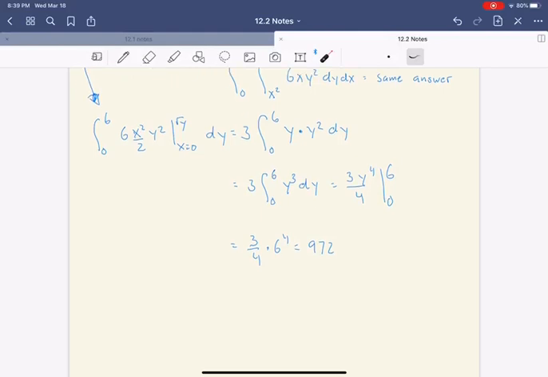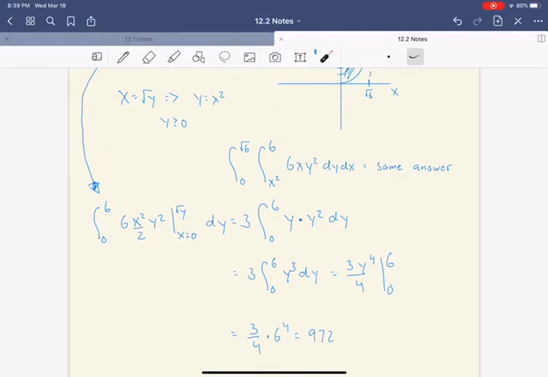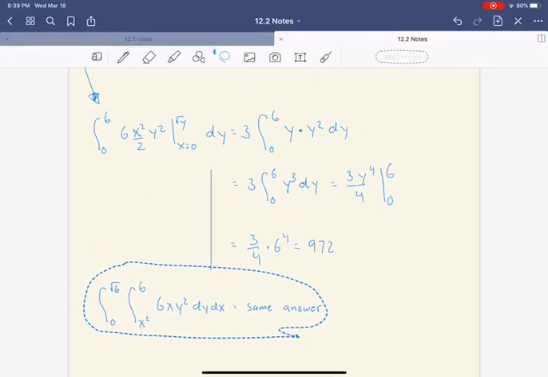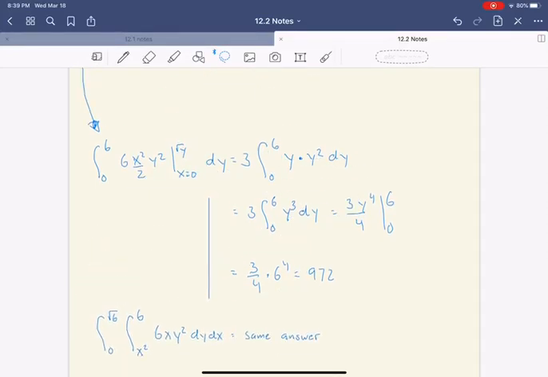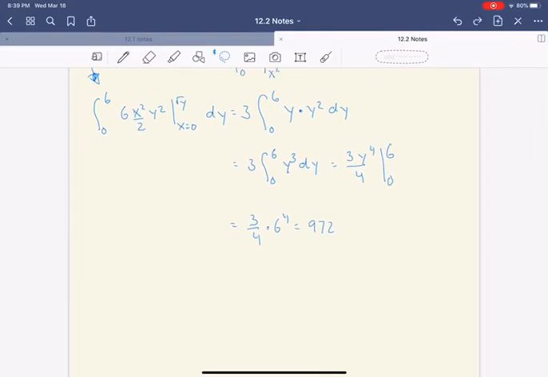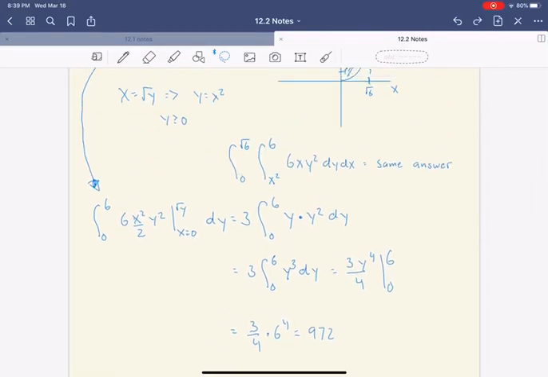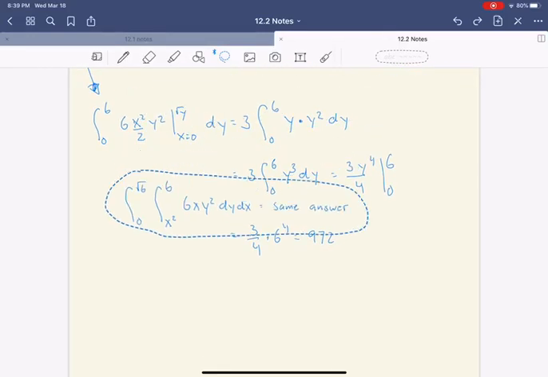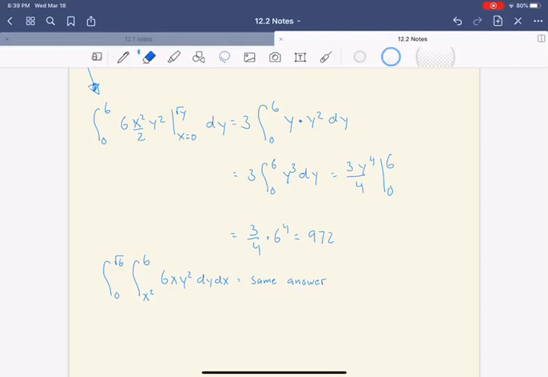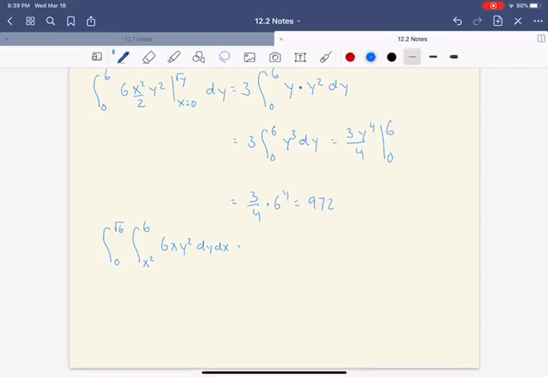What the heck? Let's do it. Okay, so if we do this integral, we're going to get the integral from 0 to square root of 6.